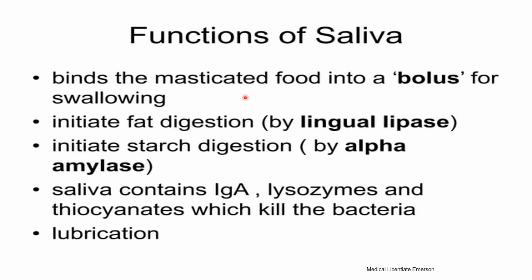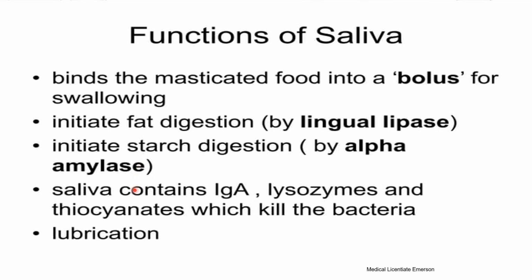Then in terms of functions of the saliva, it binds the masticated food into a bolus for swallowing, and it initiates fat digestion by the lingual lipase. It also initiates starch digestion by the alpha amylase. If you remember very carefully, in our last lecture when we were talking about chemical digestion, we mentioned that in the saliva there is amylase which initiates the starch digestion, or the chemical digestion, with the enzyme.